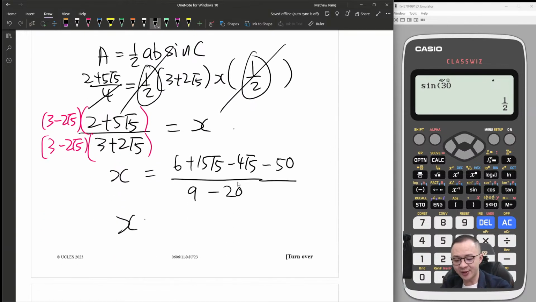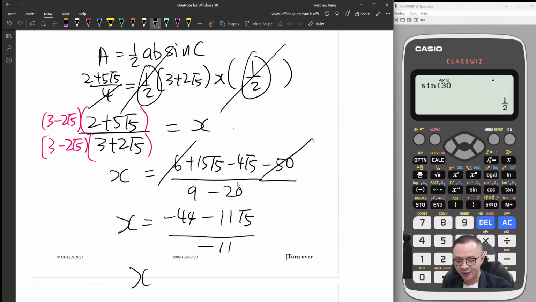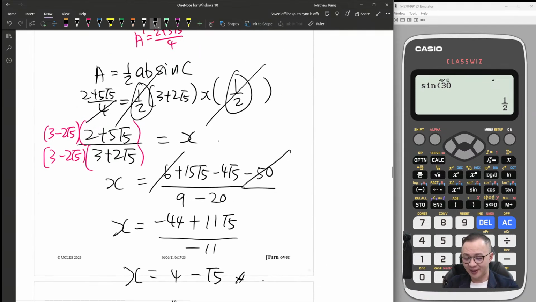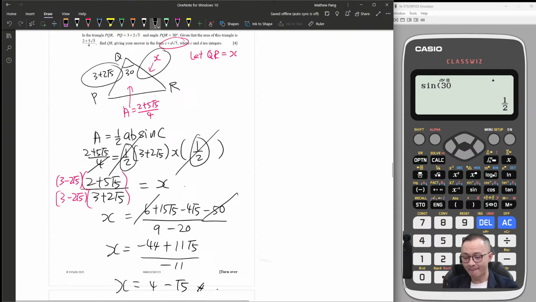Okay, so x equals negative 44 minus 11√5 after I solve it, over negative 11. So divide by negative 11, we get positive 4 plus √5. Done. Hey, this is positive, then this is minus. Sorry. Because 15√5 minus 4√5 is positive 11√5, right? Yeah. Then we get the pattern that one.